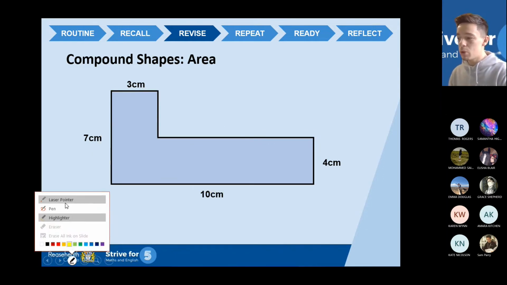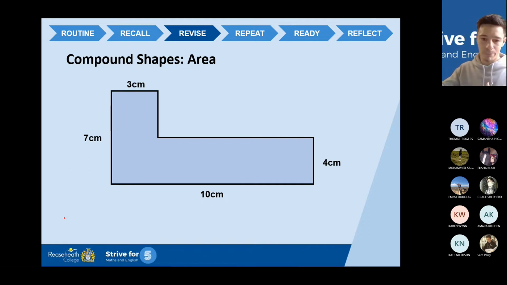Now, when you work out the area, this is a compound shape, where 2 shapes have been compiled together. By splitting this shape up, we are then able to work out the individual areas and then add them together.